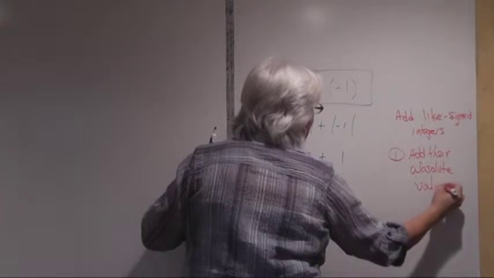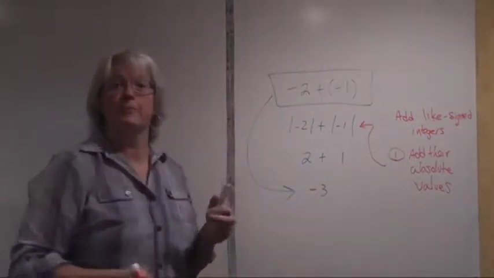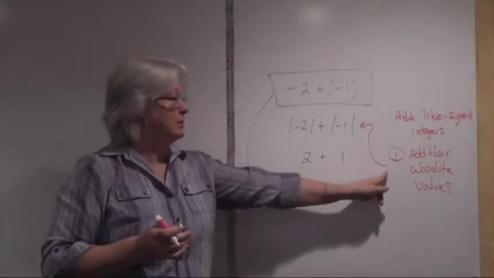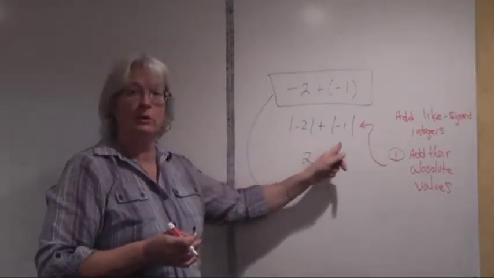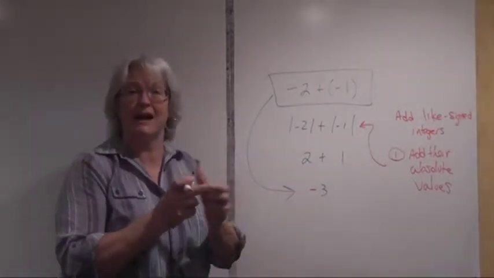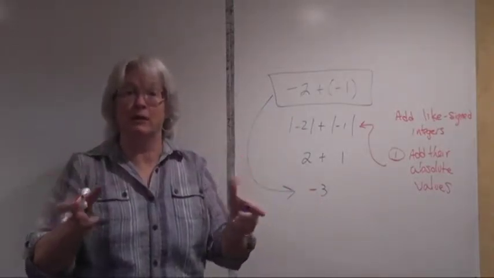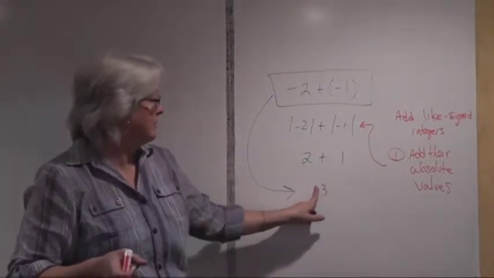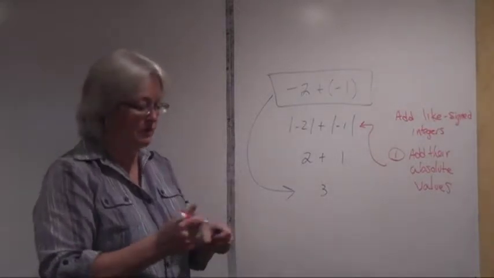We said that we had a -2 and a -1 that we wanted to add together. The very first thing we do is add their absolute values. Absolute value of -2 plus the absolute value of -1 becomes 2 plus 1, because absolute value is just distance. Distance is never negative. Distance is always positive. So first, we added together their absolute values, and we came up with a sum of 3.